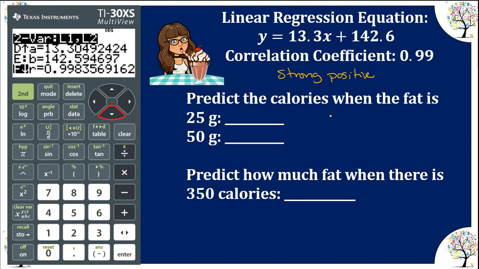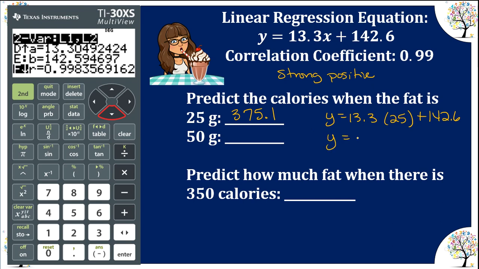And then whenever we put in 25 grams of fat, how many calories is that going to give us? So 13.3 times 25 plus 142.6 gives us calories of 475. So you can see the more fat, the more calories, which is energy that we're going to have.